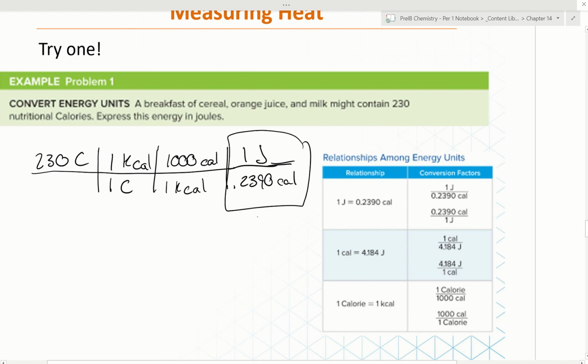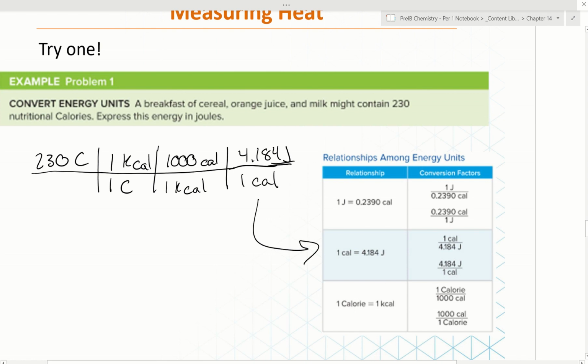This factor right here comes from this box here. So there's a couple different ways we could do this, or we could have said 1 calorie here is 4.184 joules. Either way, we're using this box to do our conversion. So we get the same answer either way.